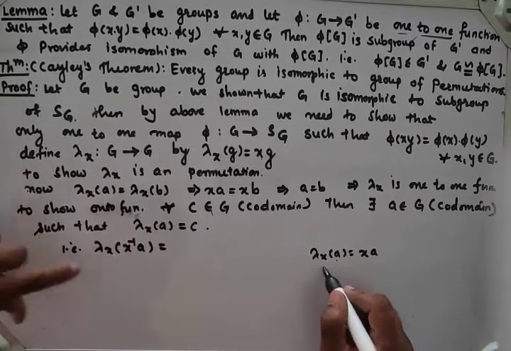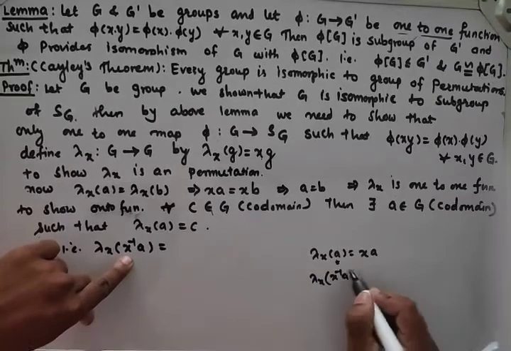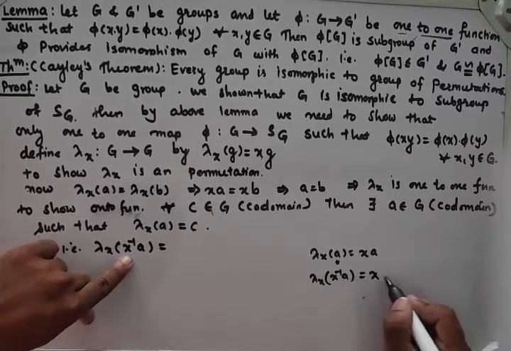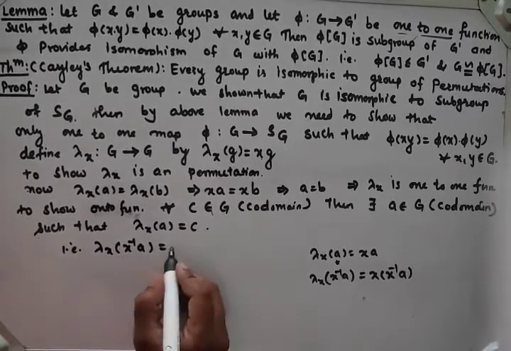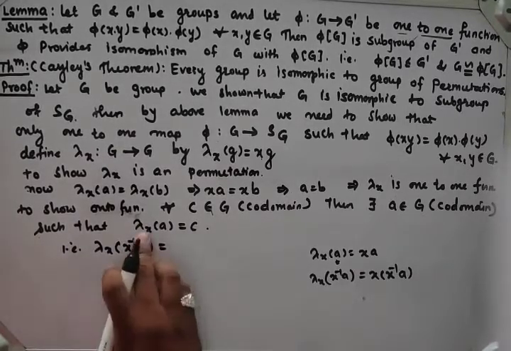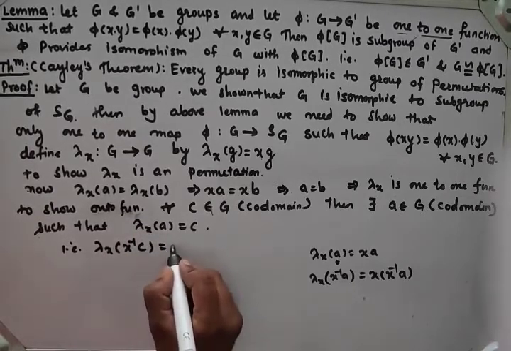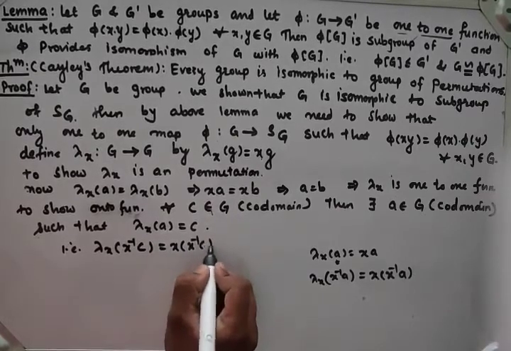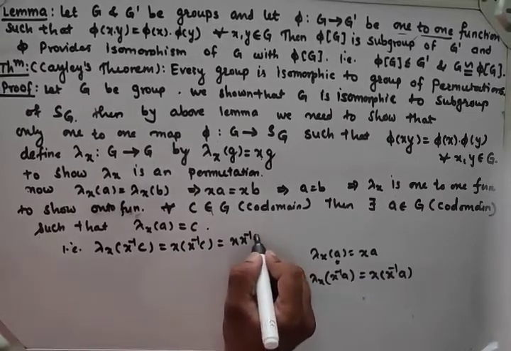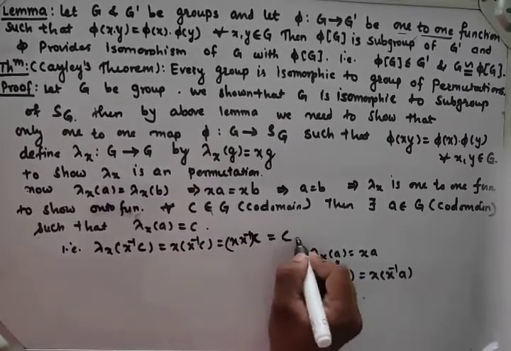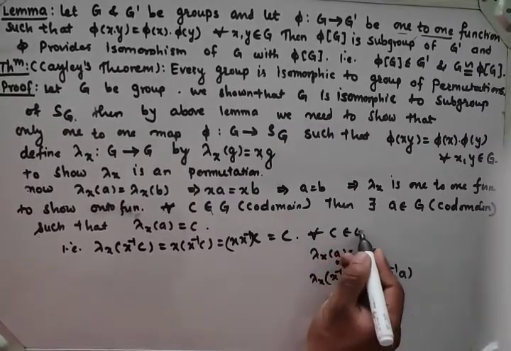So if I replace this value A by x inverse A, lambda x of x inverse A is nothing but x as it is, and this is again x inverse A. So here I will take C. Lambda x of x inverse C is nothing but x into x inverse C. By using the associativity property, x into x inverse C is equal to C, because x inverse x is the identity. We get C for all C belongs to G.